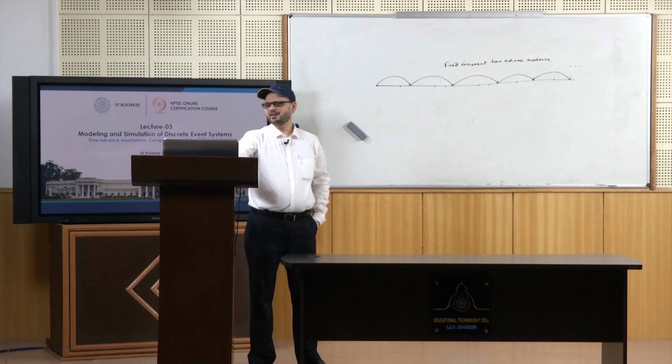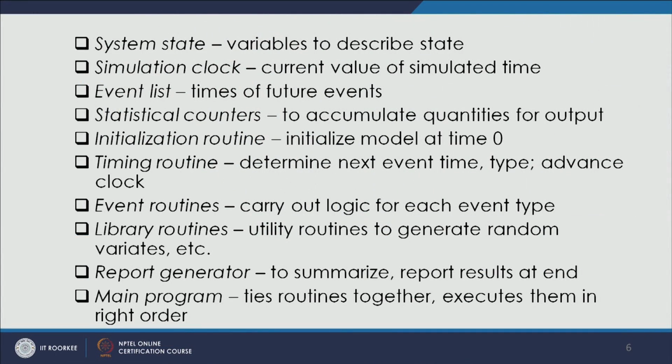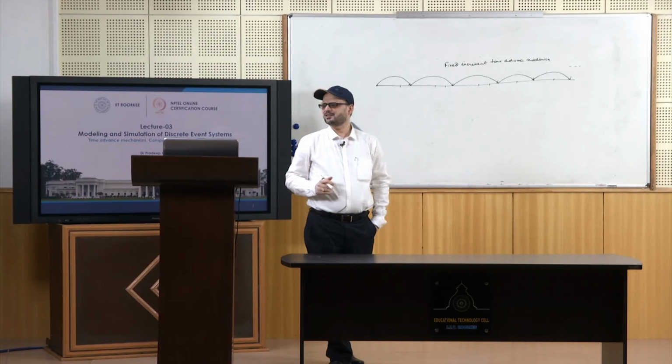As we see here, the library routine will generate the random variates. It has routines to generate these random variates, and that helps in predicting the arrivals or the departures.